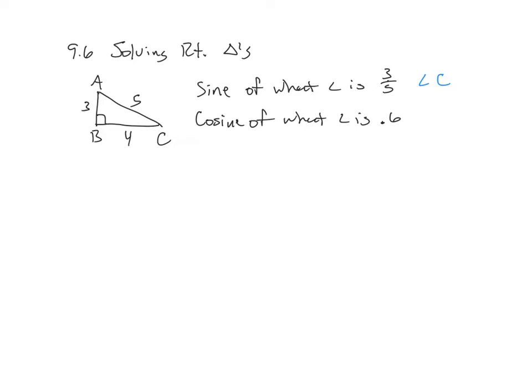If I did adjacent over hypotenuse, which version, if I divided it, would give me 0.6? And it really is 3/5 again. 3 divided by 5 is 0.6. So which one is cosine, which is adjacent and hypotenuse, and so that would be angle A. Next to it, and then the hypotenuse.